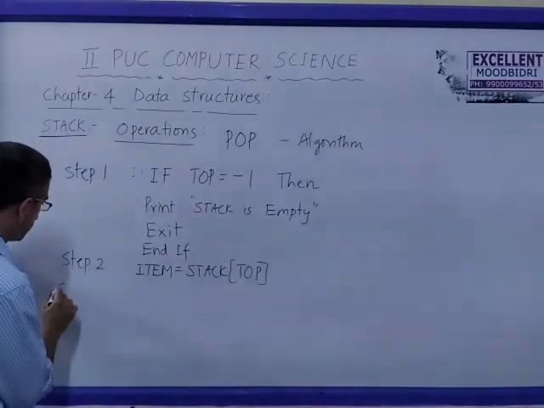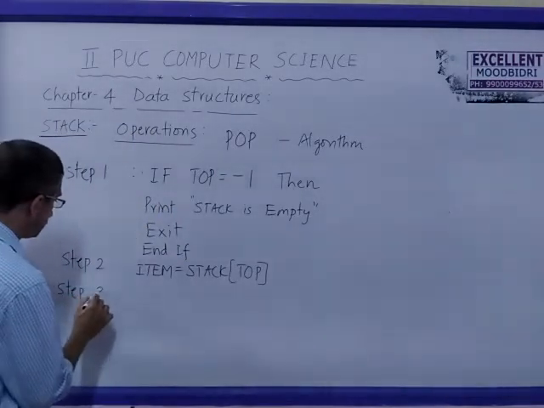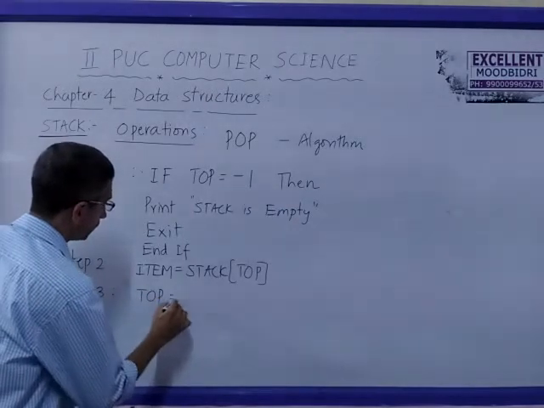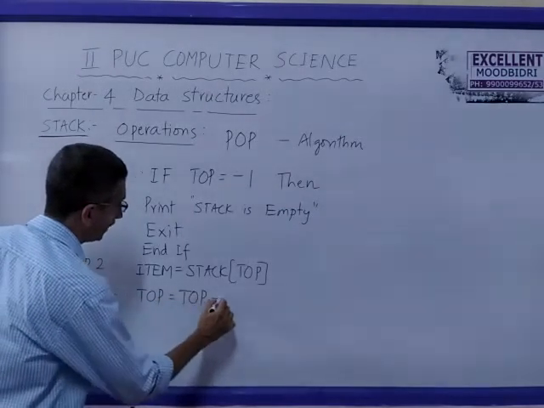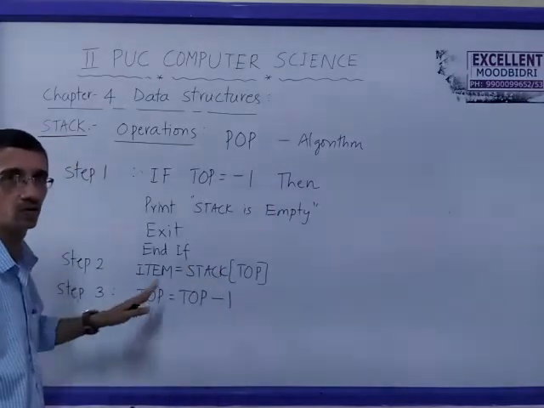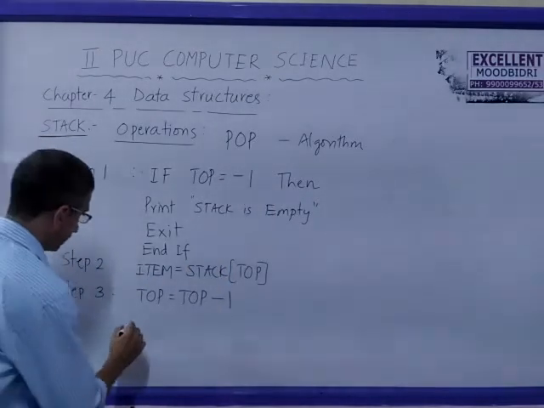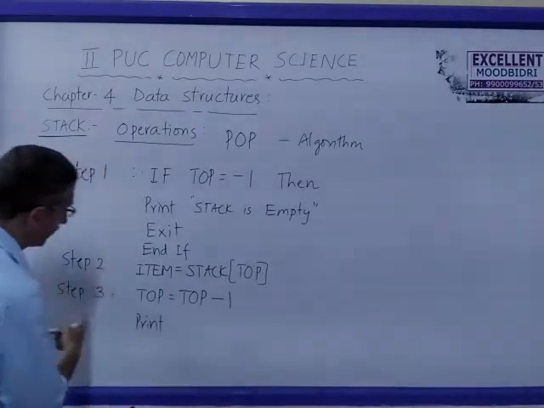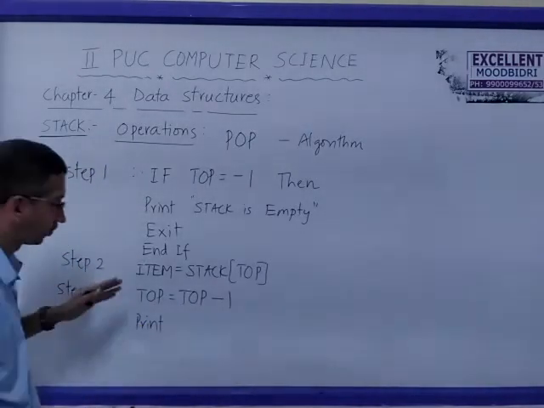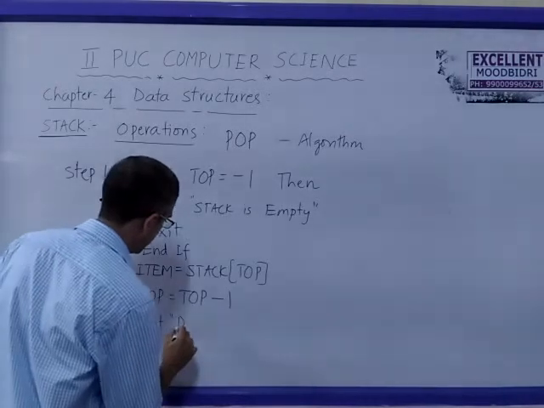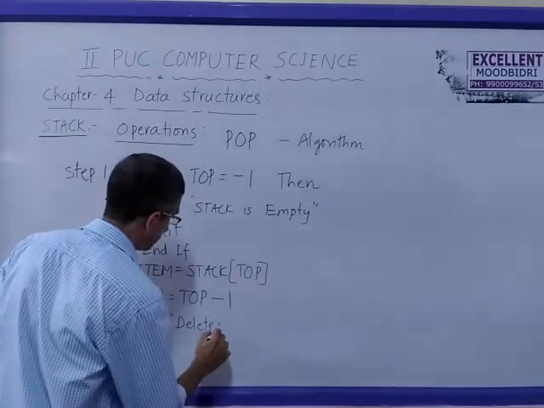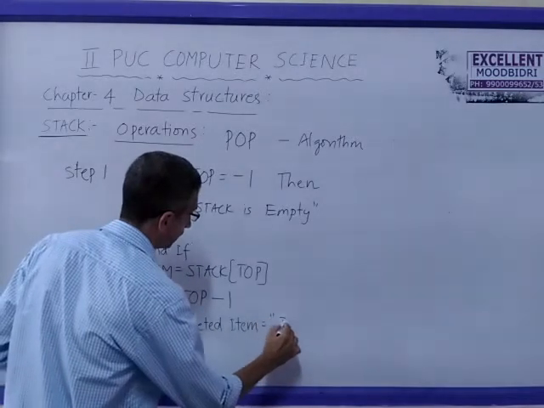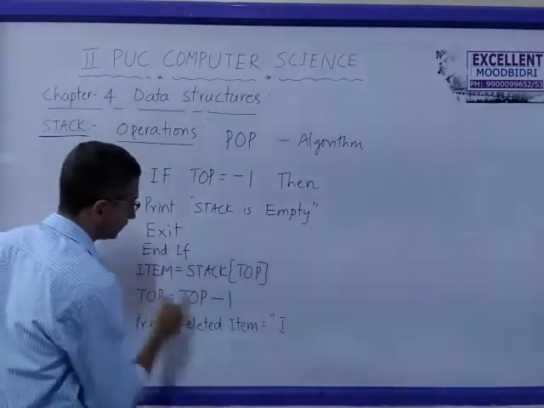Next, step 3: top is equal to top minus 1. That's all, correct? Here you can print, or you can write it as a separate step also, no problem: print deleted item is equal to item.